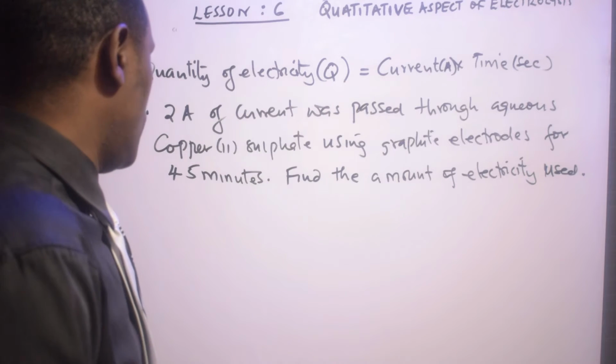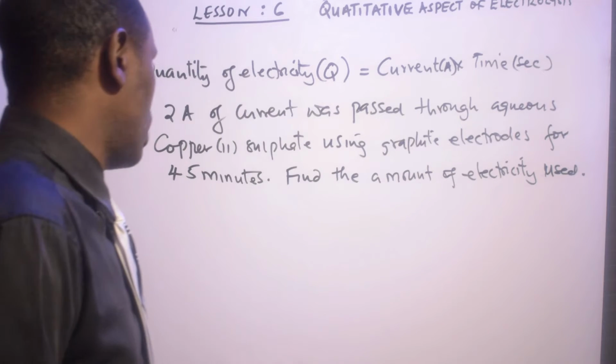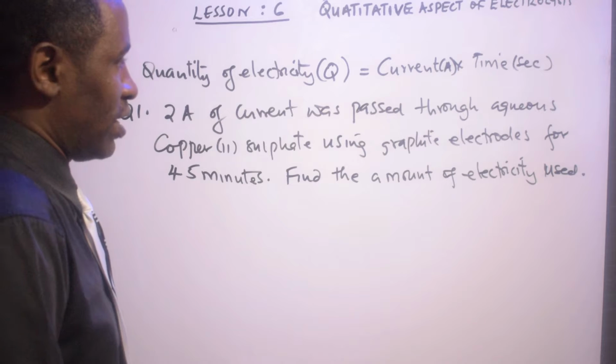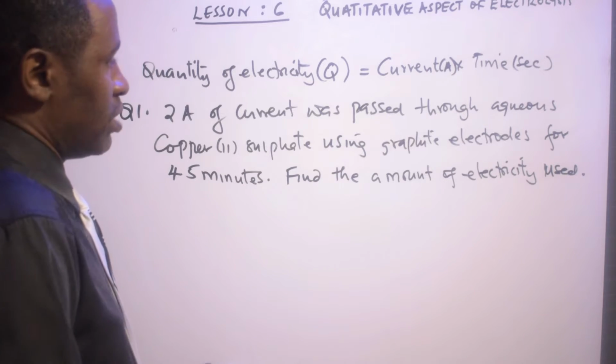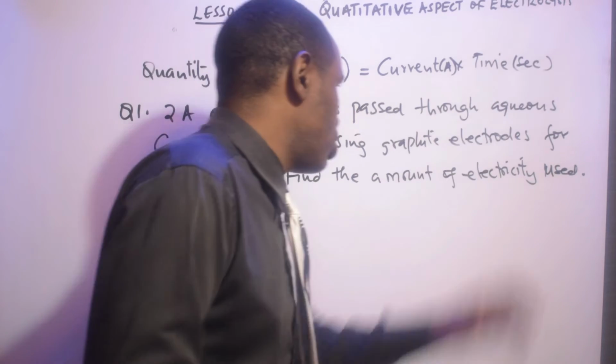Look at that question there. 2 amperes of current was passed through aqueous copper(II) sulfate using graphite electrodes for 45 minutes. Find the amount of electricity used.